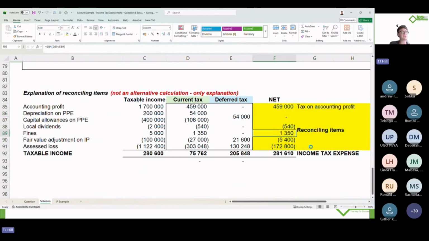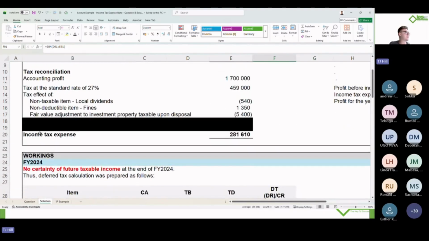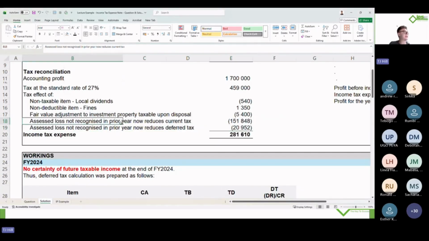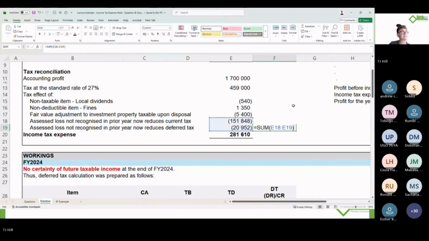That's what's going to have to be in your recon. And that's what we will have here. The only complication with the assessed loss is the standard asks you to clarify to them. By the way, the sum of these two is going to be that, which is your unrecognized portion from last year.